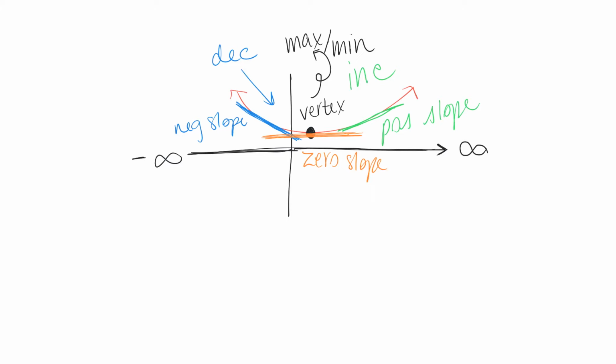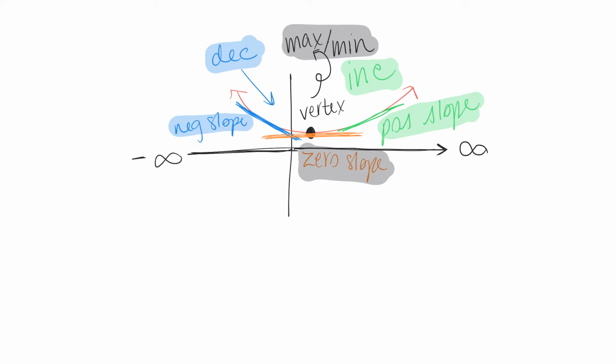Okay, so this is what we're going to look at. We are going to look at the correlation between negative slope and a decreasing function, and the correlation between positive slope and an increasing function. We are going to eliminate the word vertex from our vocabulary, and we're going to recognize that a maximum or a minimum has a slope of 0.